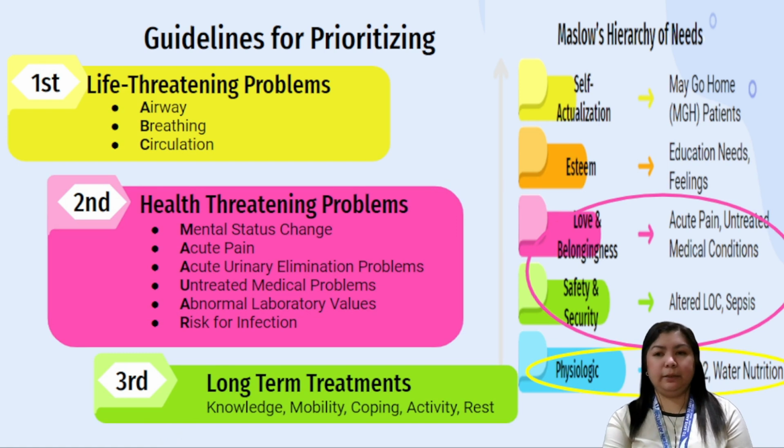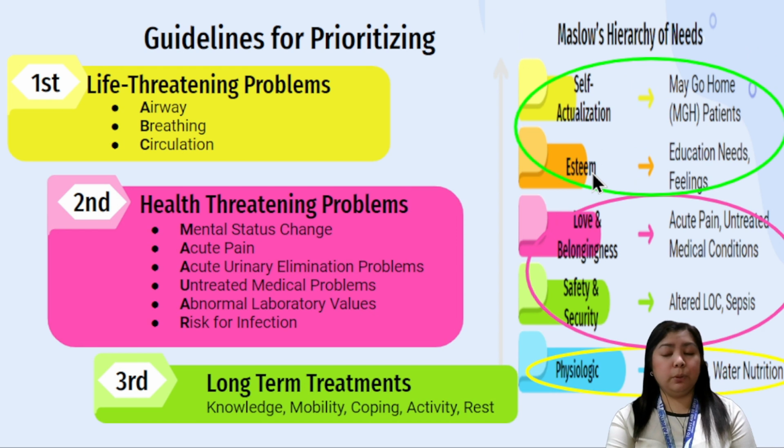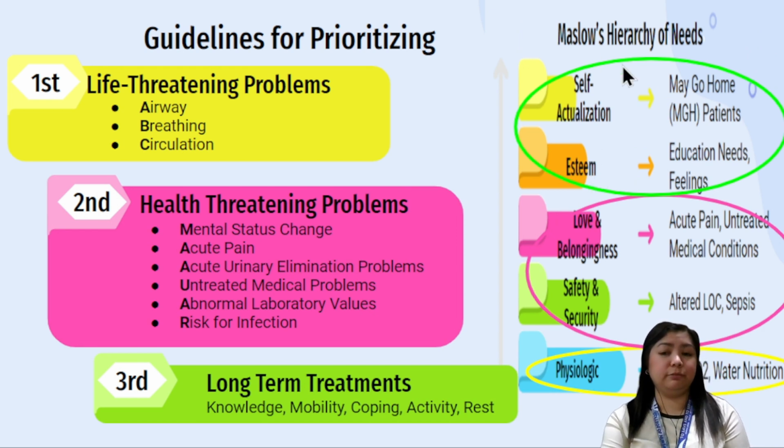And that of long-term treatment belongs to the topmost tier. You have esteem needs and self-actualization needs. So that is how Maslow's hierarchy of needs is the best framework to describe how you would prioritize patient problems.